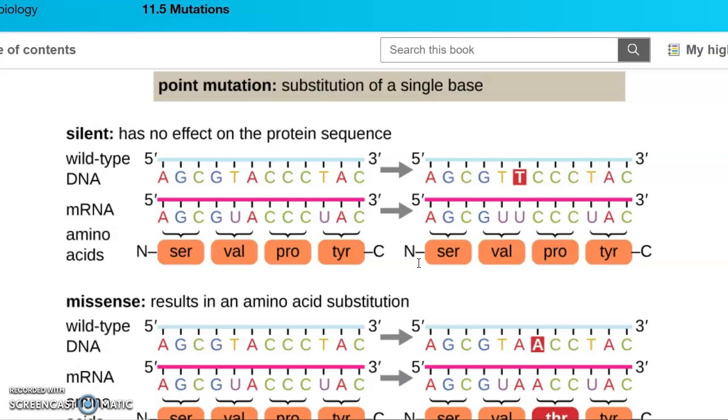A point mutation is just a substitution of a single base, and the silent type of point mutation has no effect.